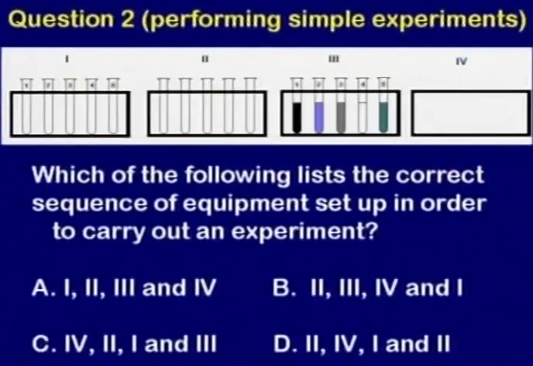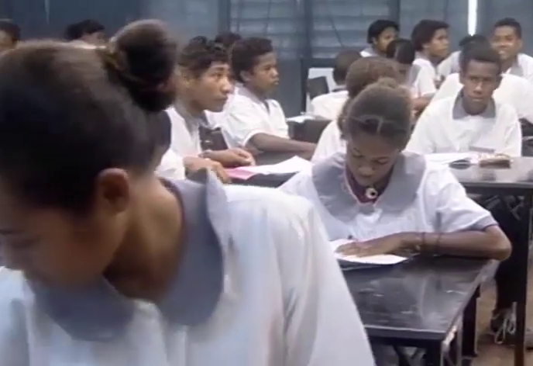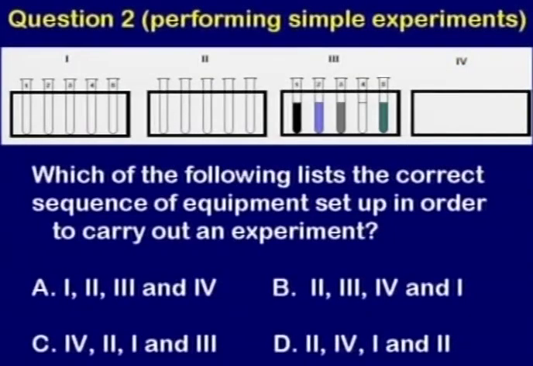Question number 2. Let's have someone to give us the answer. Explain the skill of performing simple experiments. All right, Dara, what is your answer for question number 2? My answer was C. Any others? Do not agree? All right.